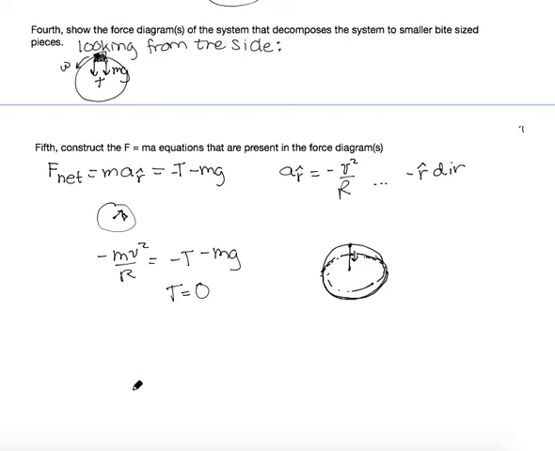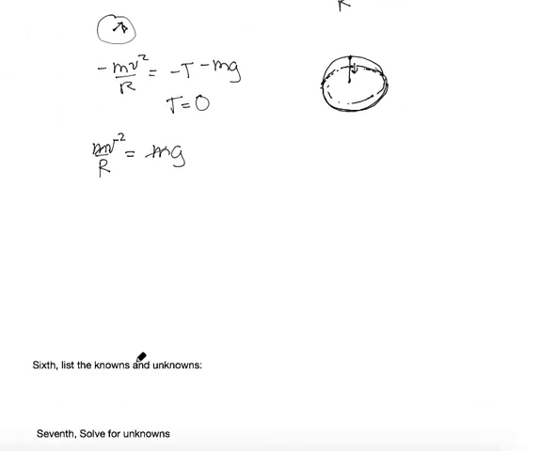When tension is 0, that's the minimum velocity to achieve a circular trajectory at the top. So I can rewrite this as mv squared over r equals mg, and the m's cancel out.